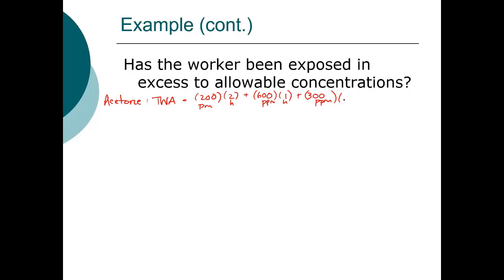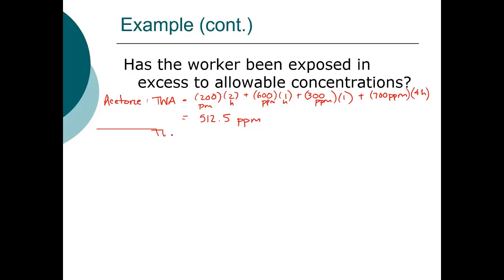These values are coming right off of the table from the previous slide. Plus 700 parts per million times 4 hours. And that is equal to 512.5 parts per million.